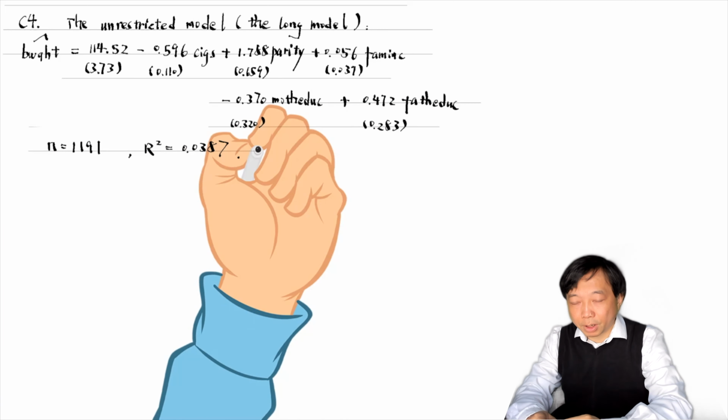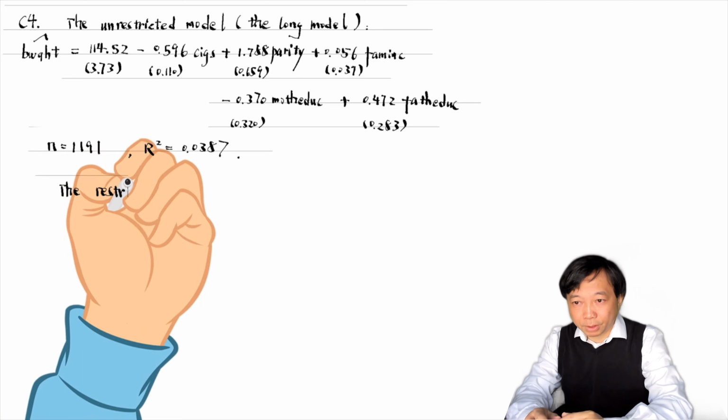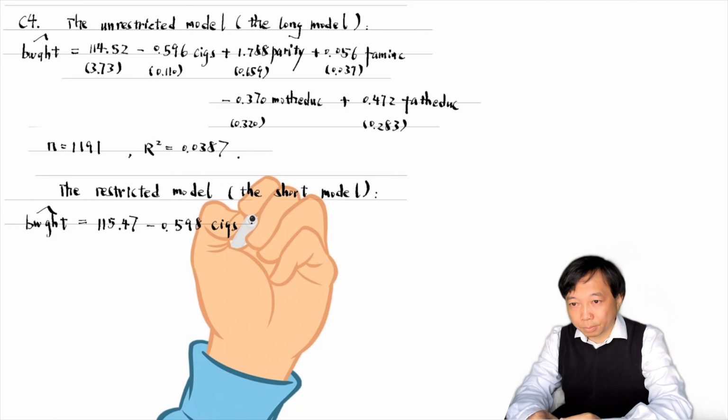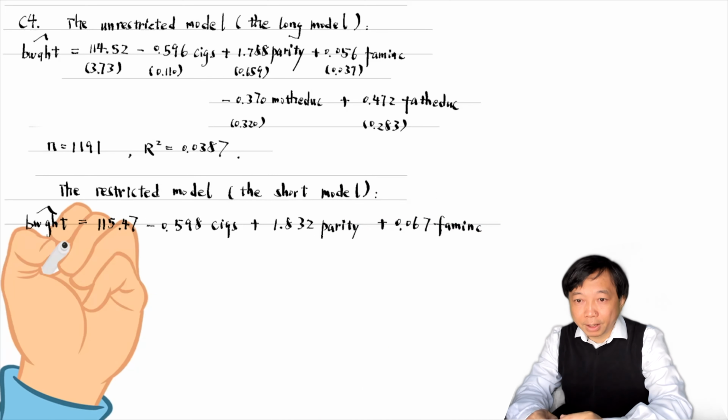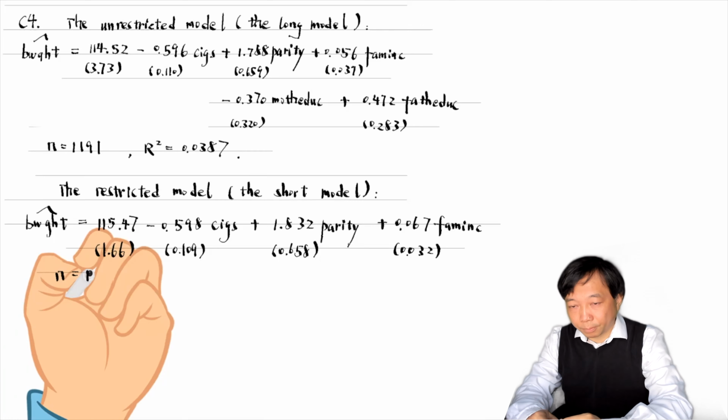The R squared is 0.0387. The restricted model is the short model without the two parents' education variables, because the null hypothesis is that they have no effect on birth weight.